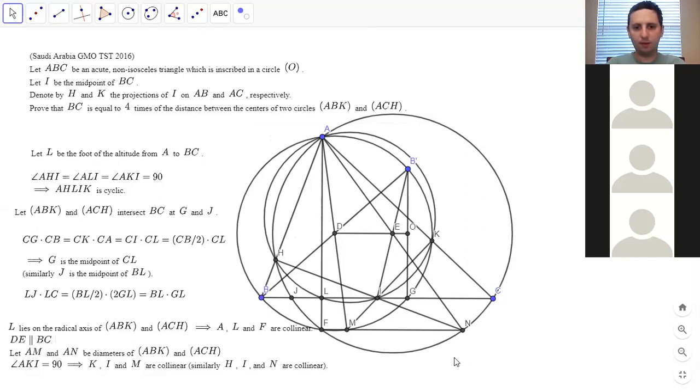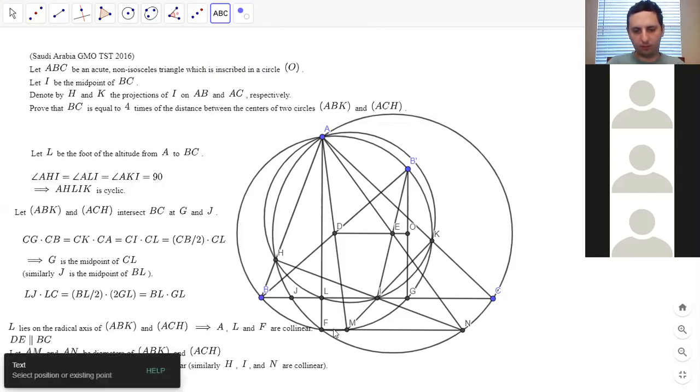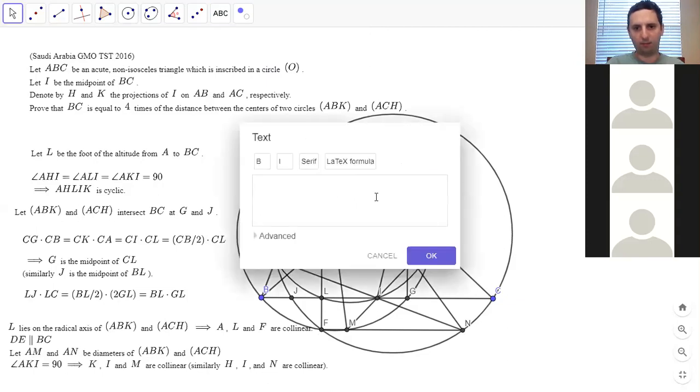So MN, since basically AD equals DM and AE equals EN, so first I'm going to show that MICN is a parallelogram. Since MI is perpendicular to AC and NC is perpendicular to AC, that means that MICN is a parallelogram.